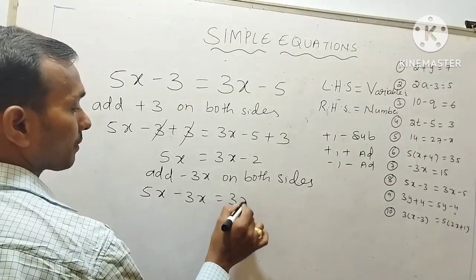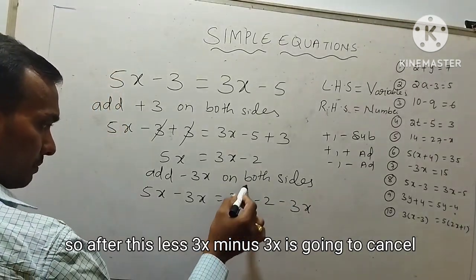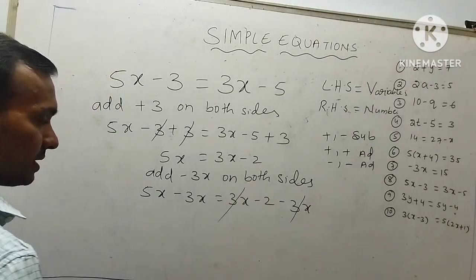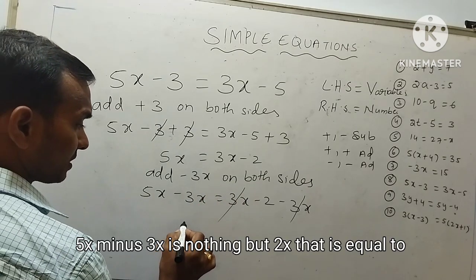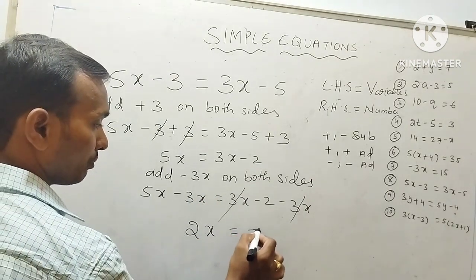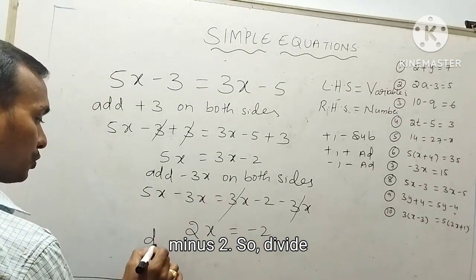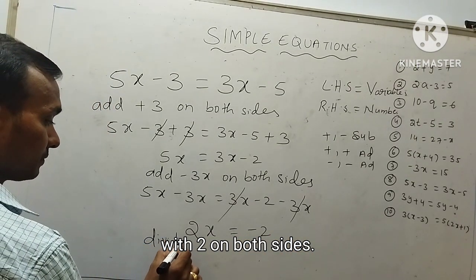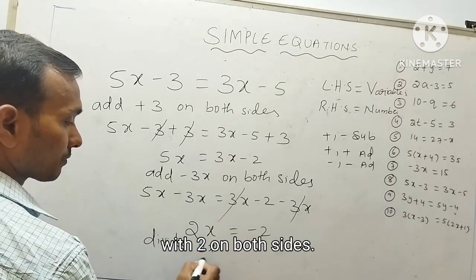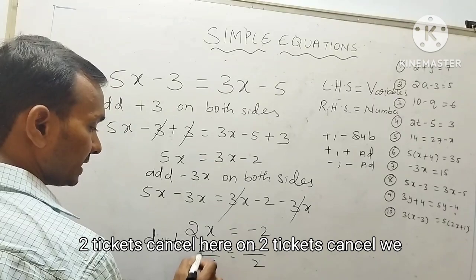So after this, plus 3x minus 3x is going to cancel. 5x minus 3x is nothing but 2x. That is equal to minus 2. So divide with 2 on both sides. 2 gets cancelled.